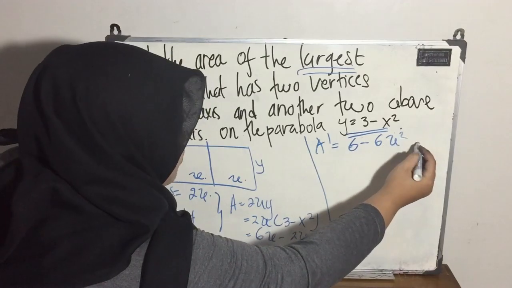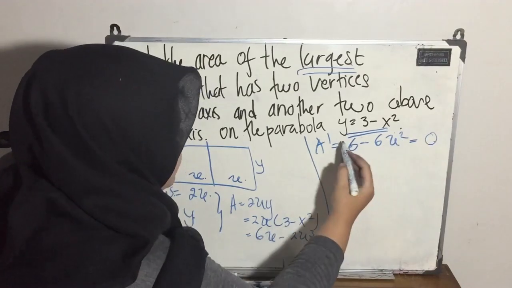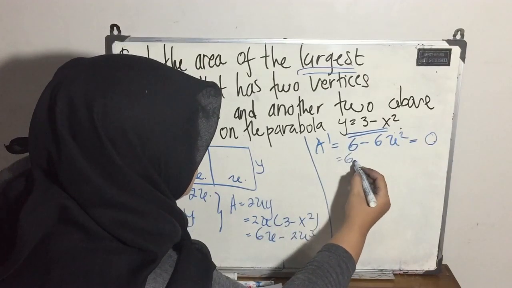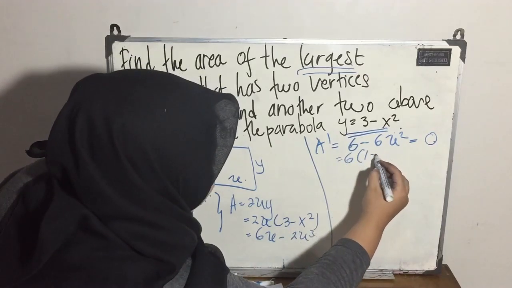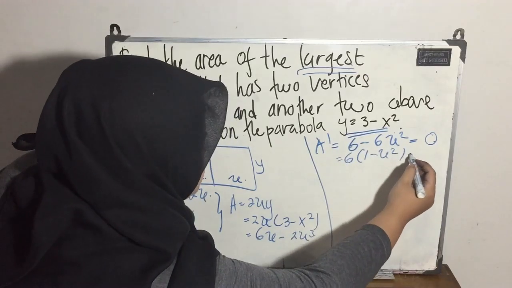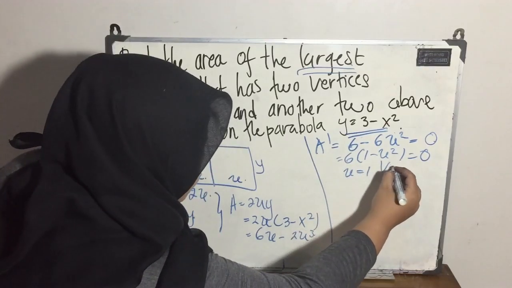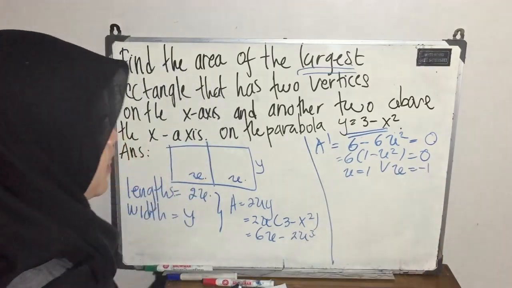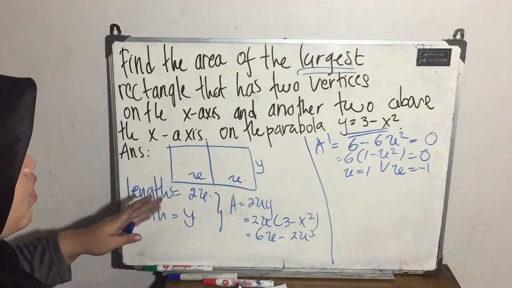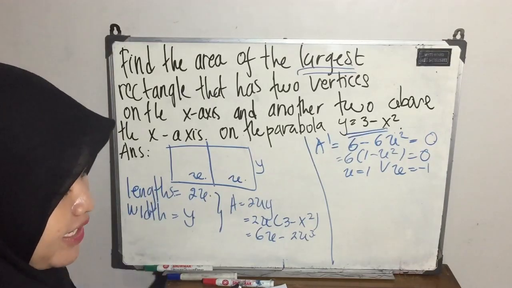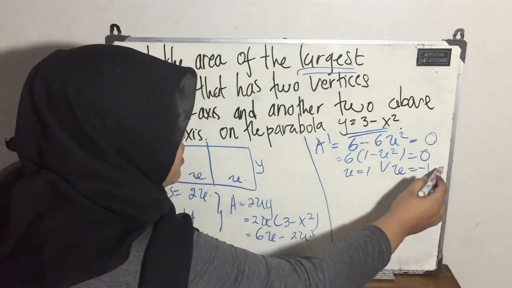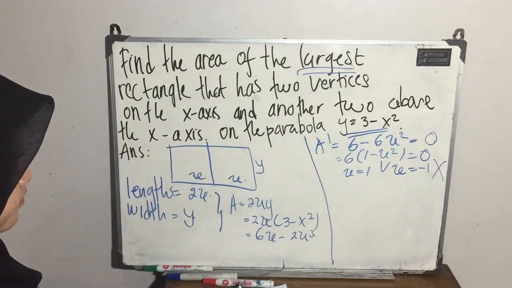squared equals 0. And then we can factorize this one: 6 times (1 minus x squared) equals 0. So x equals 1 or x equals minus 1. Because the area or the length cannot have x equal to minus 1, this one cannot be used.